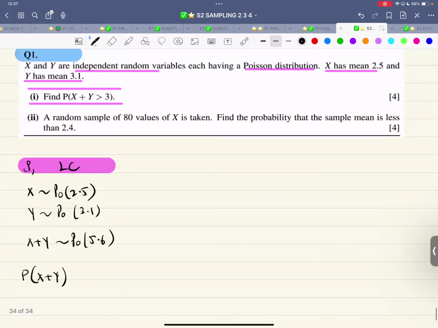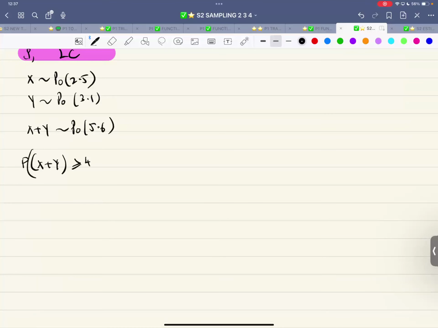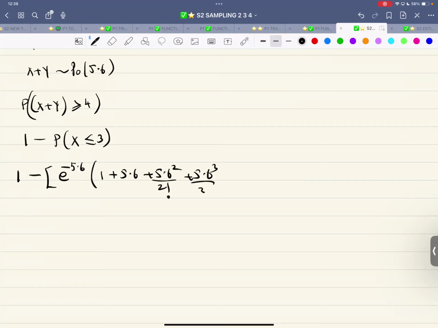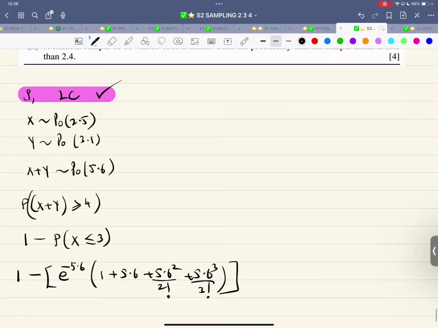Greater than 3 means greater than or equal to 4, which is 1 minus probability x is less than or equal to 3, which is 1 minus e raised to the power of negative 5.6, times (1 plus lambda plus lambda square over 2 factorial plus lambda cube over 3 factorial). So this is a linear combination question of Poisson variables.